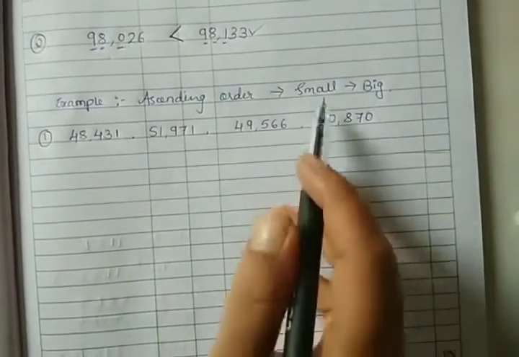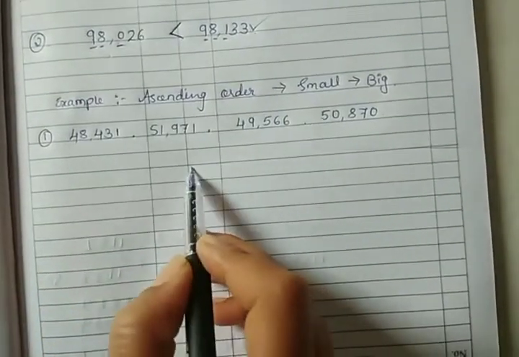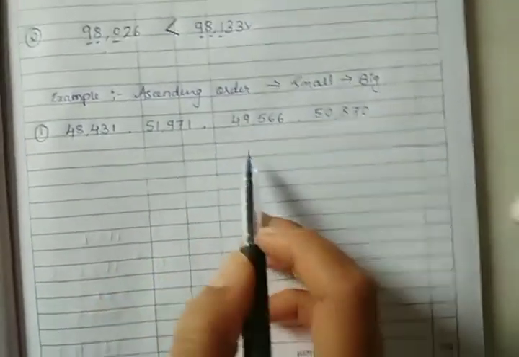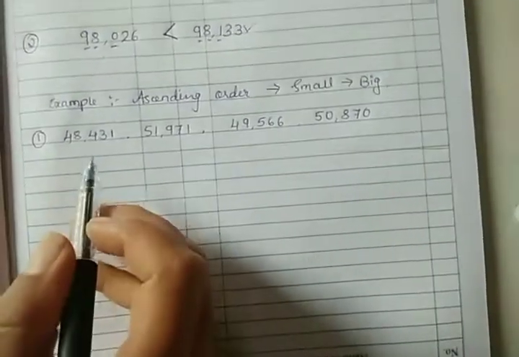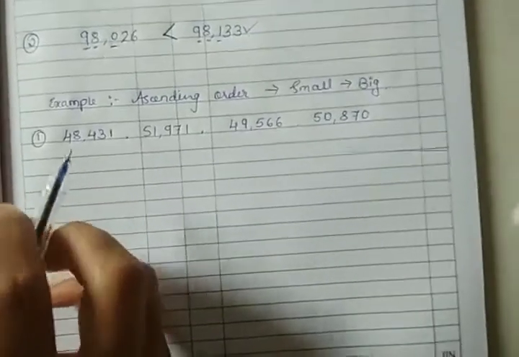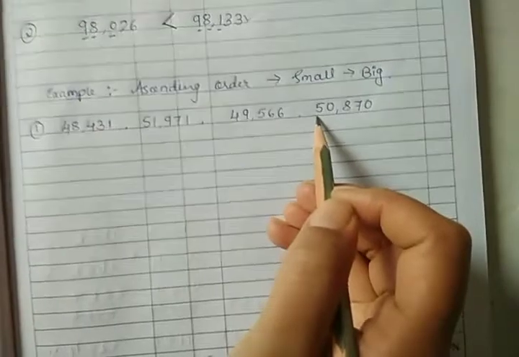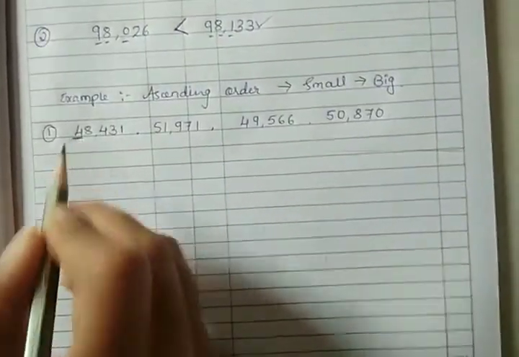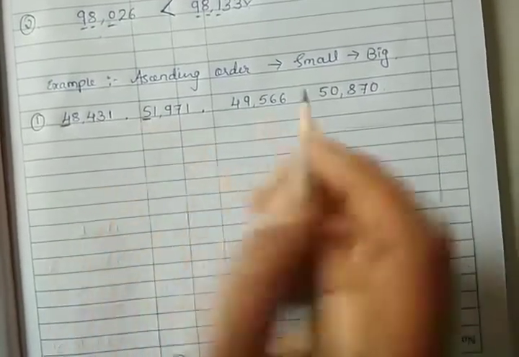Ascending order means first we'll write the smallest number, then the second smallest, then the third smallest and the greatest number. Let's see which is smallest now by comparing the numbers here. First we need to compare the numbers which are in 10,000 place. Here 4 is there. Here in this number 5 is there.